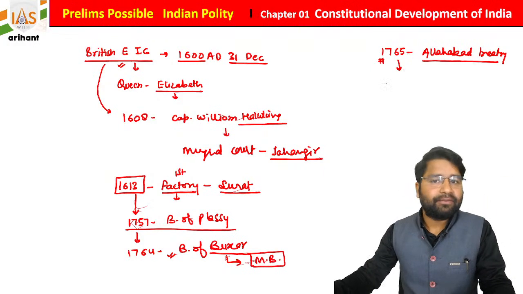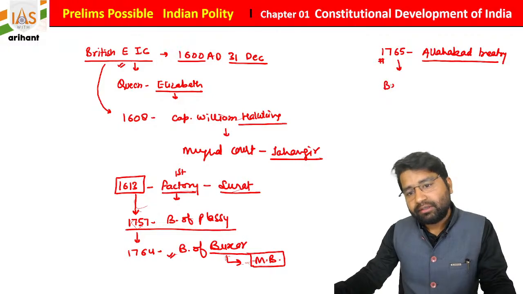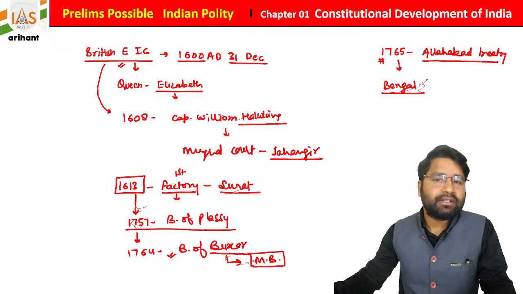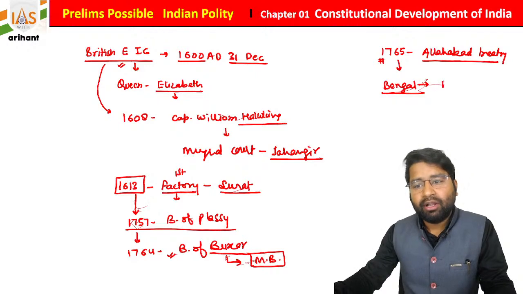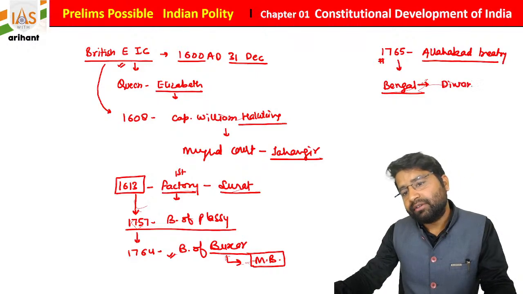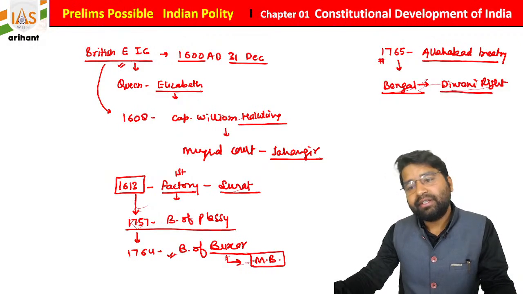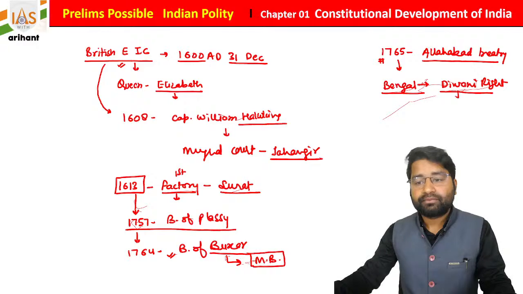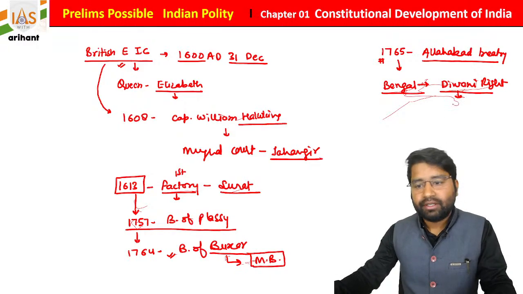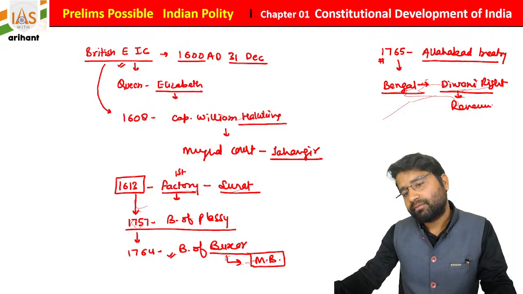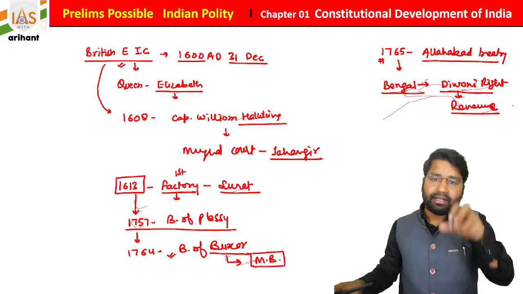In 1765 only, they got control over Bengal. Now you may ask, sir, how did they get control over Bengal? In Bengal, they got the Diwani right. Now what is the Diwani right? Basically, they got the right to collect revenue. So they got the revenue collection right.